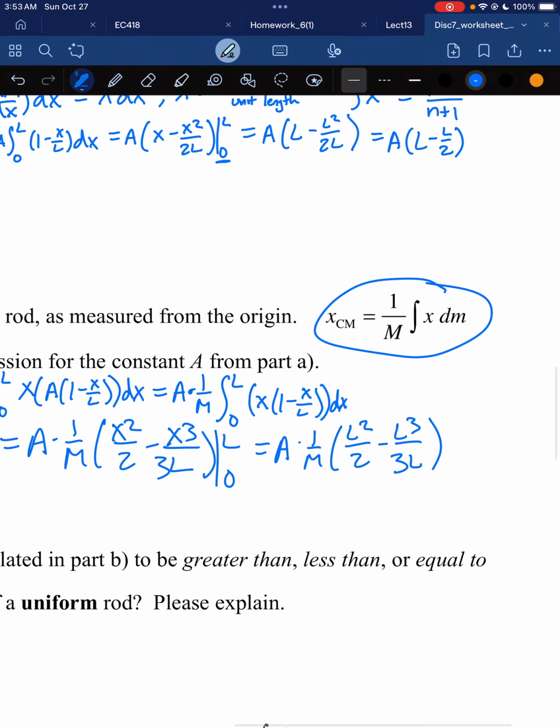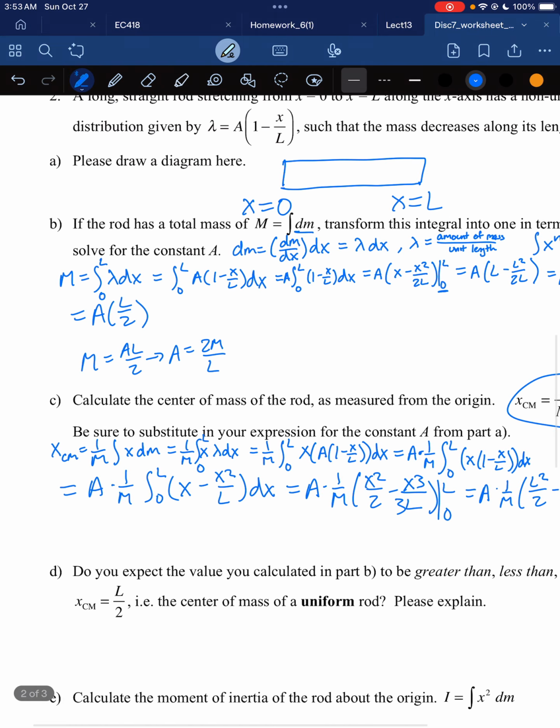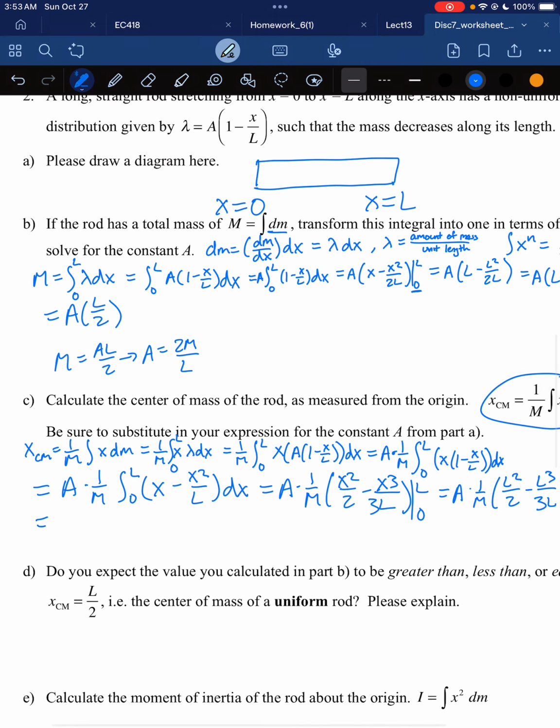But I can cancel out the L cubed into 3L. I can get a times 1 over m times the quantity of L squared over 2 minus L squared over 3. And I can further simplify that down to a times 1 over m times L squared over 6.